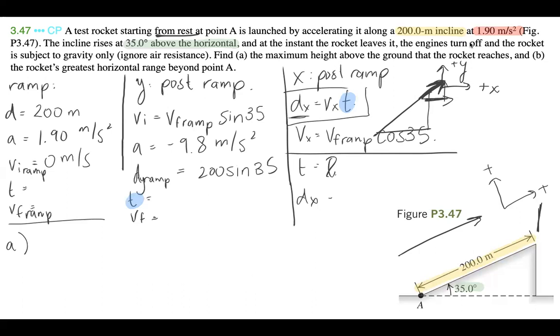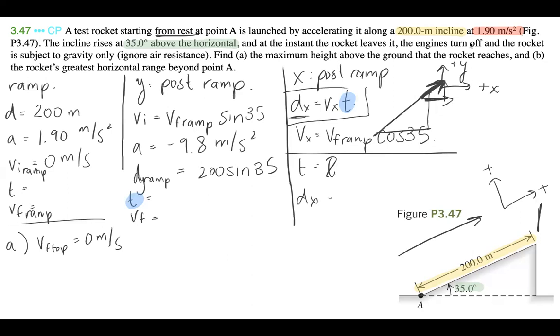What we know about projectile motion is that when it's going through the y component of motion, it goes up, and then as it's decelerating because of gravity, for a split second in the air it stops and then changes direction. So what we know is that VF top is equal to 0 meters per second.